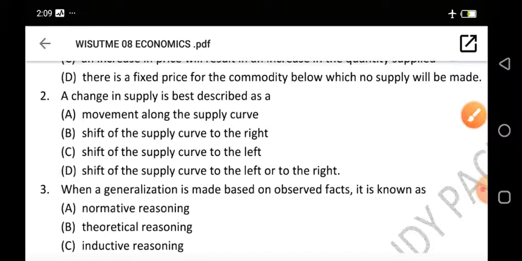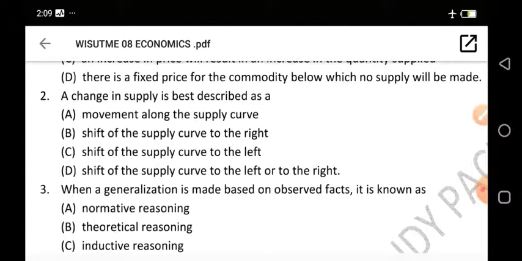A change in supply is best described as. If you remember, under the topic supply, we have change in supply and change in quantity supplied. And I told you then that there are factors that are responsible for these.